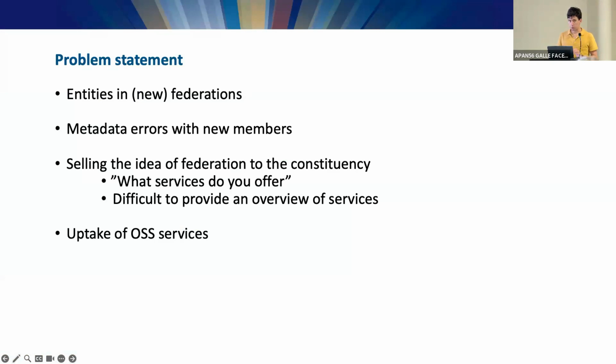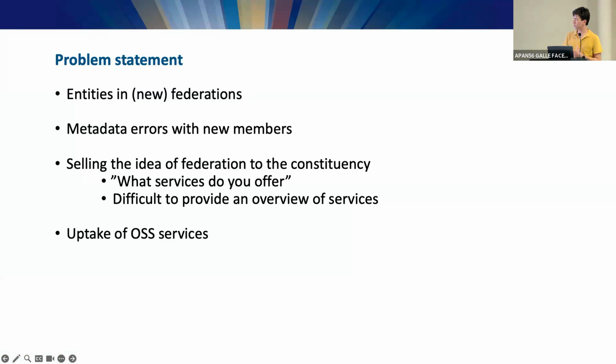As Nicole already said in our introduction, we work a lot in the trust and identity space. I am the secretary for both eduGAIN and eduroam, and especially in eduGAIN, we get a lot of questions about services.